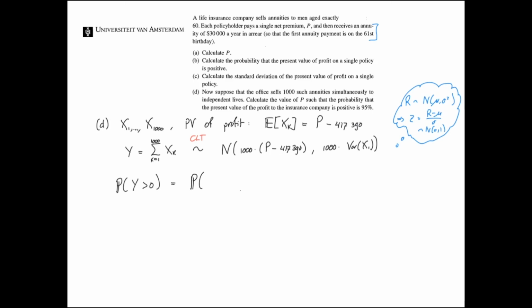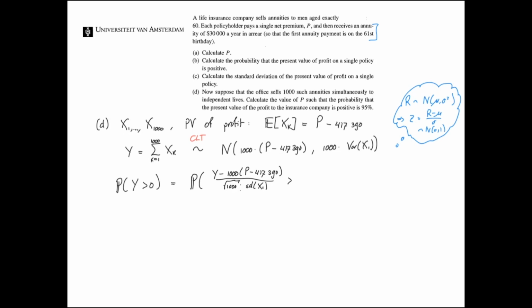So using this central limit theorem assumption, we can rewrite this, and it gives us that this is equal to y minus its mean, which is 1000 times p minus 417,390, divided by its standard deviation, which is the square root of 1000 times the standard deviation of x1, let's say.